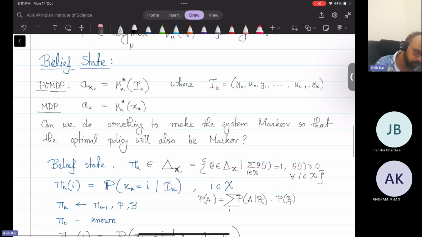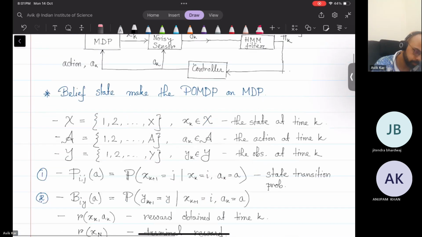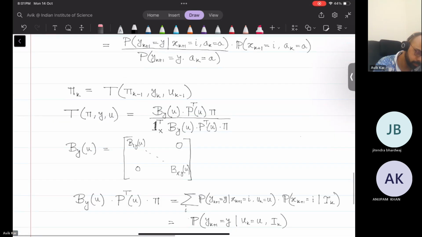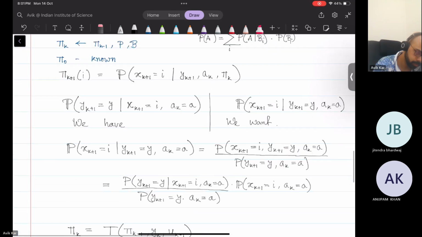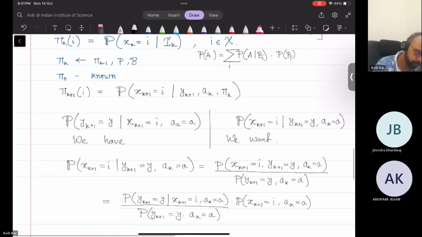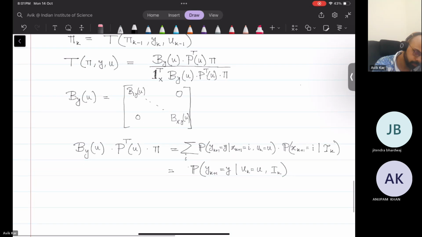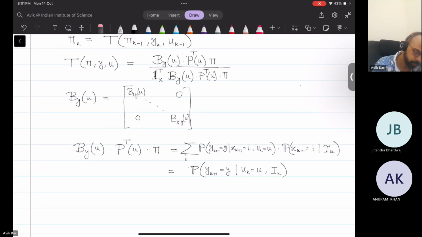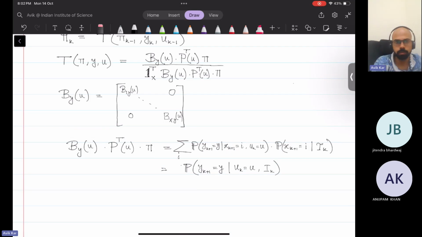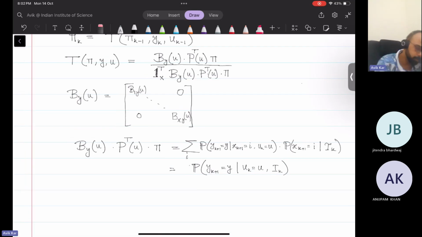So earlier P_U was a matrix. Oh, got it. So here I made a mistake.